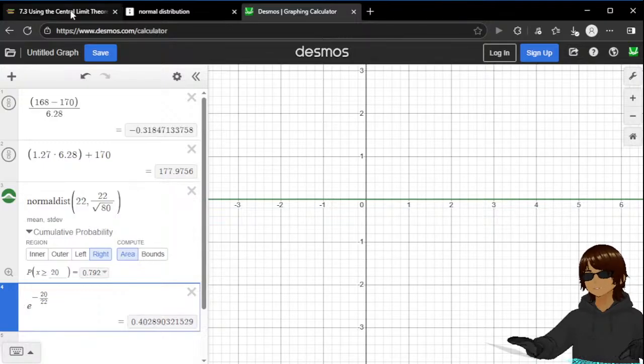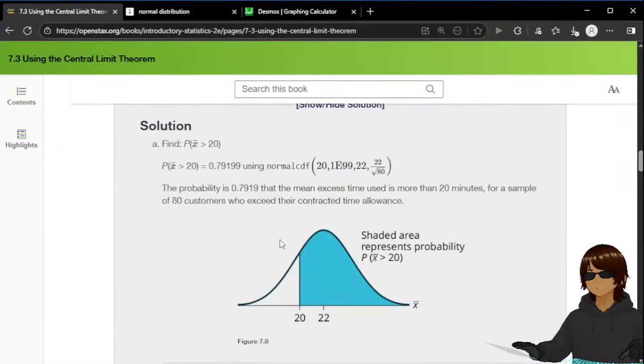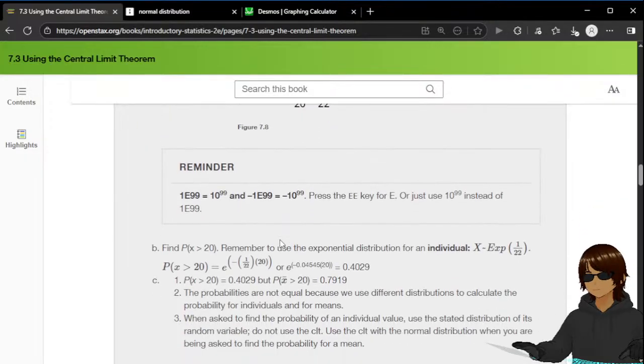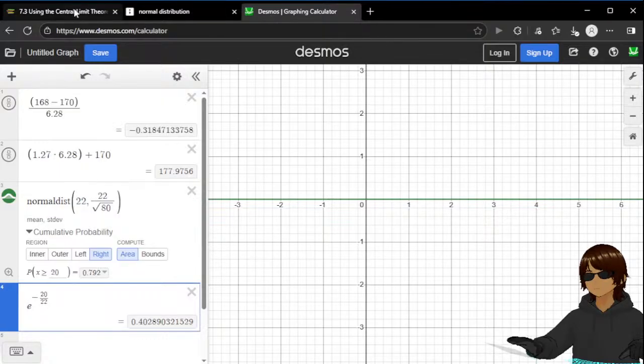I think this is the answer: 0.4029. Yep.